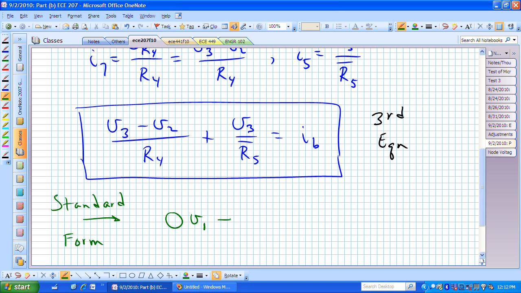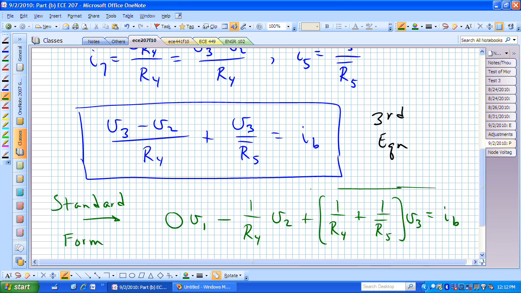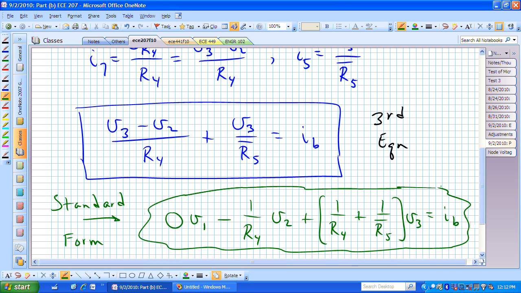We have a negative 1 over r sub 4 scaling v sub 2, and scaling v sub 3 we have the sum of 1 over r sub 4 and 1 over r sub 5 bar. And that's equal to I sub b, and that is our third equation written in standard form.